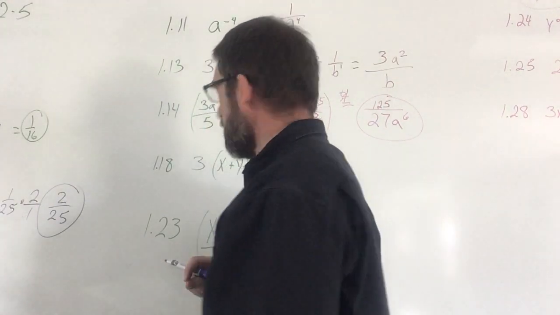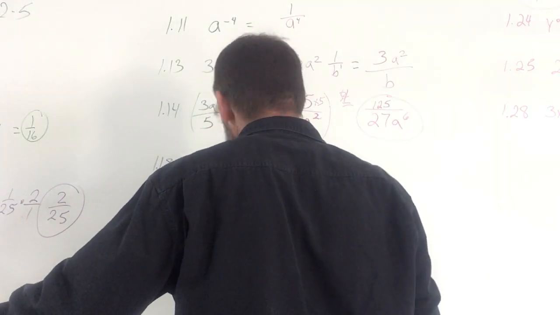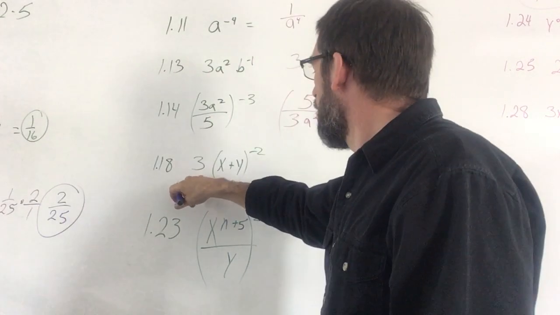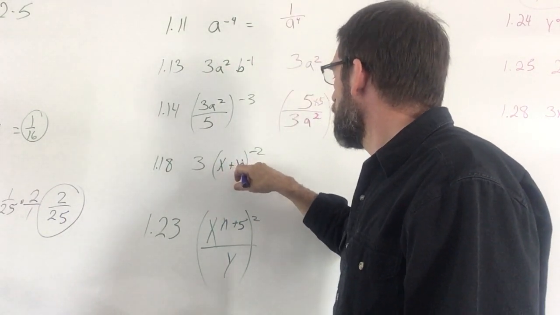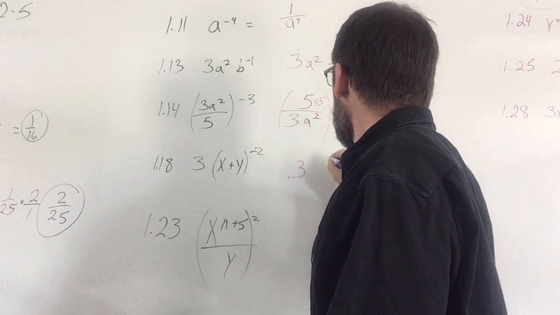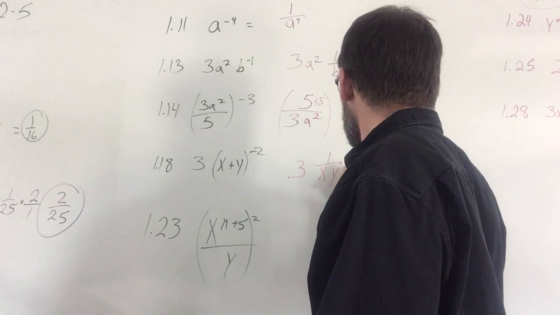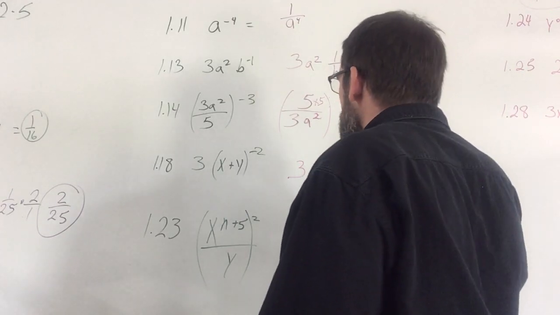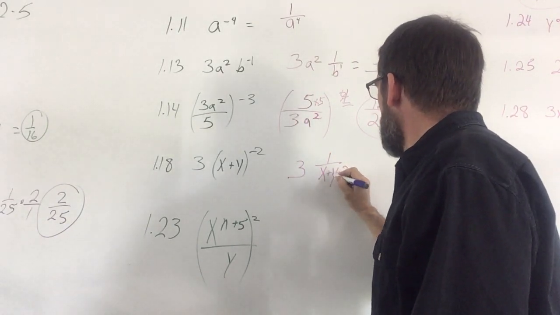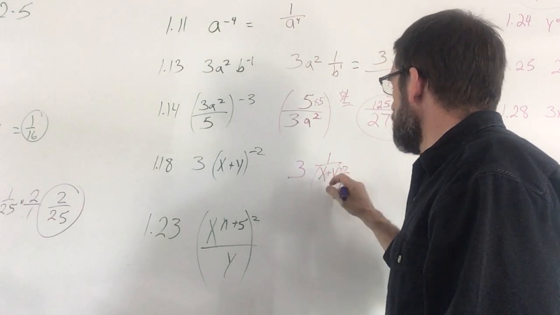All right, looks like I did 1.18. 3x plus y equals 2. Okay, I got it right here. And for that one, -2. So I am going to put my 3 here, and then I'm going to put my 1, x, y, 2. X plus y times 2, got parentheses, 2.